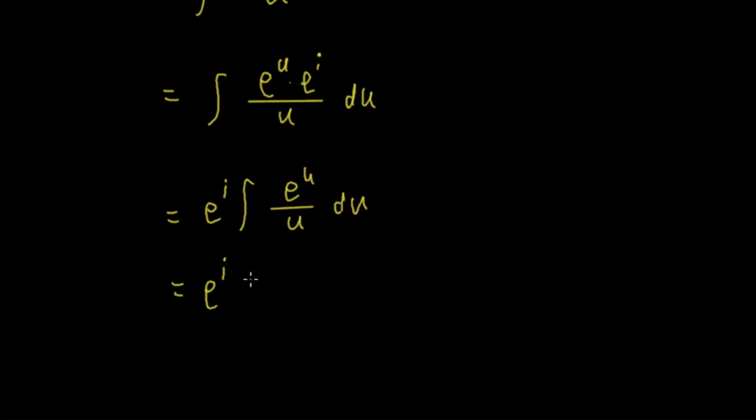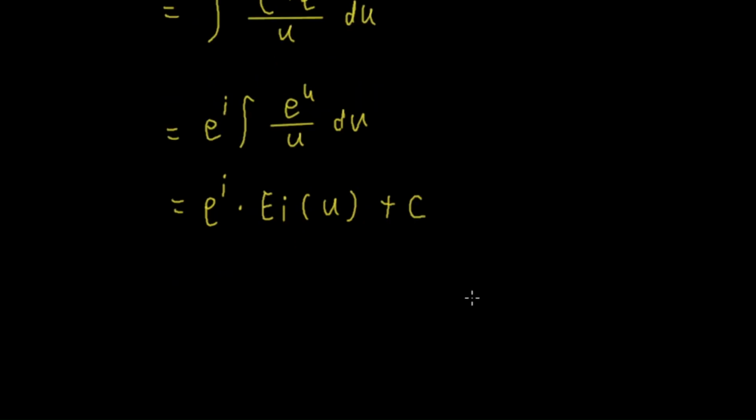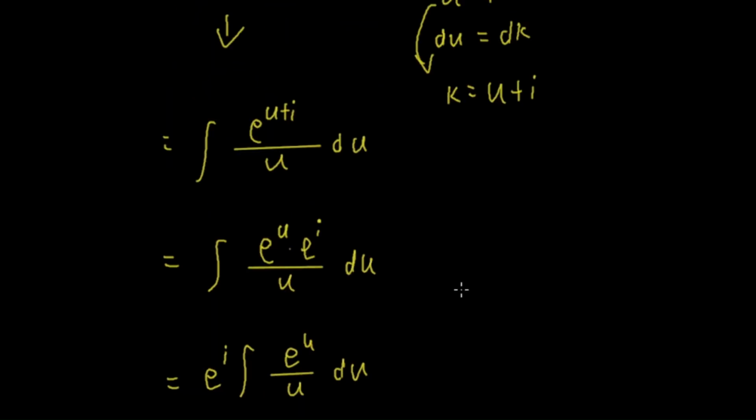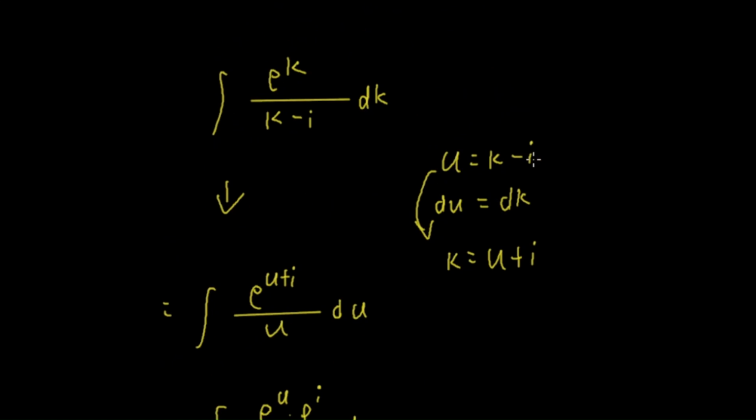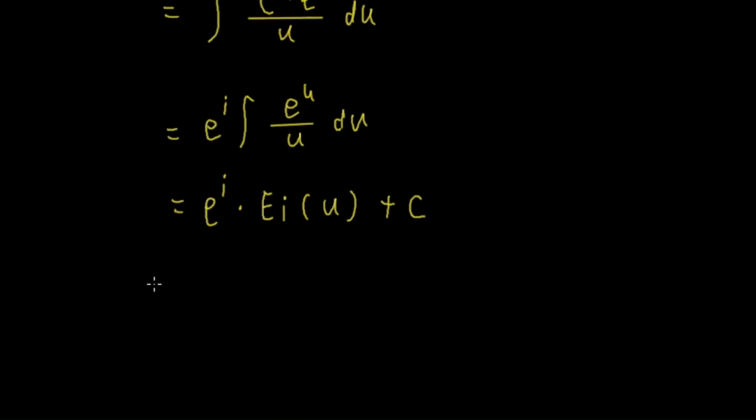It is basically the exponential integral of u, plus a constant. In this case, u is equal to k minus i, so I will replace u with k minus i. So e to the i times exponential integral of k minus i plus c.